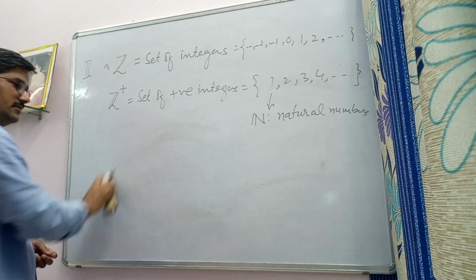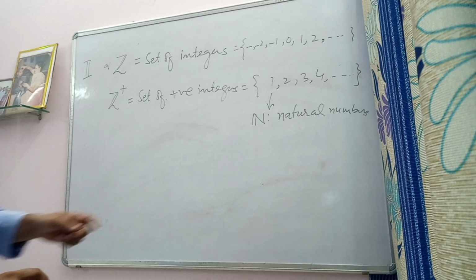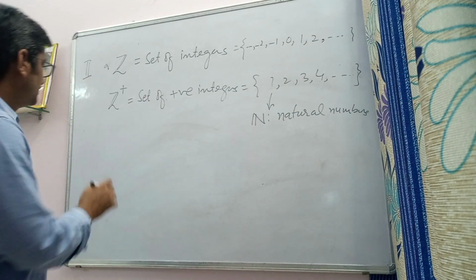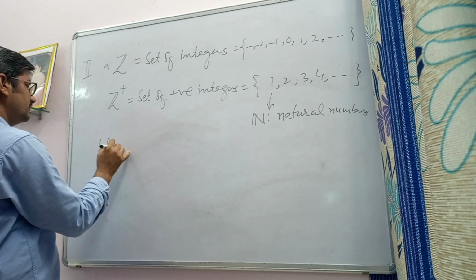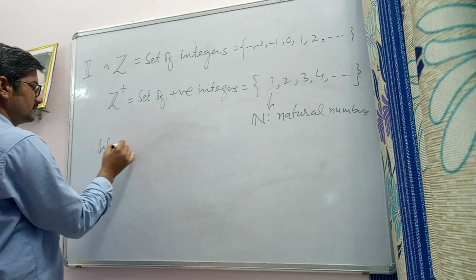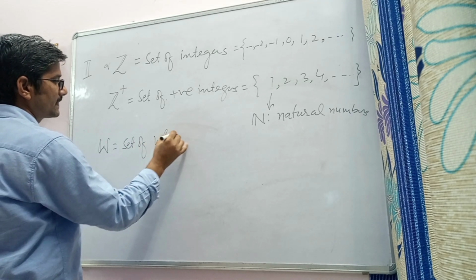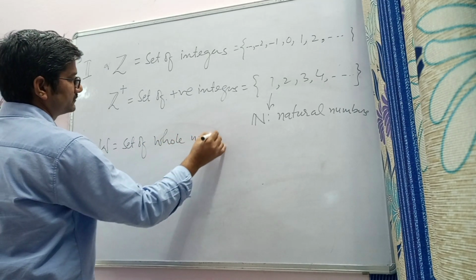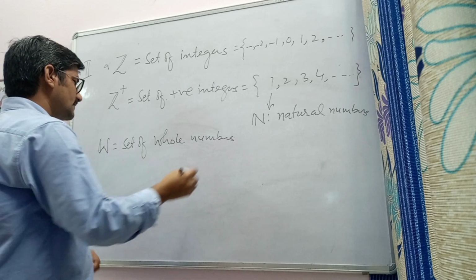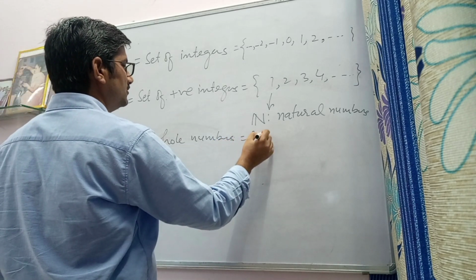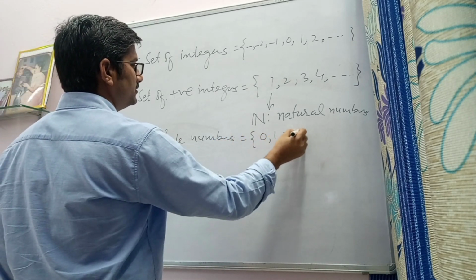If we take one more element in the set of positive integers, that is 0, it is known as the set of whole numbers: 0, 1, 2, 3 and so on.